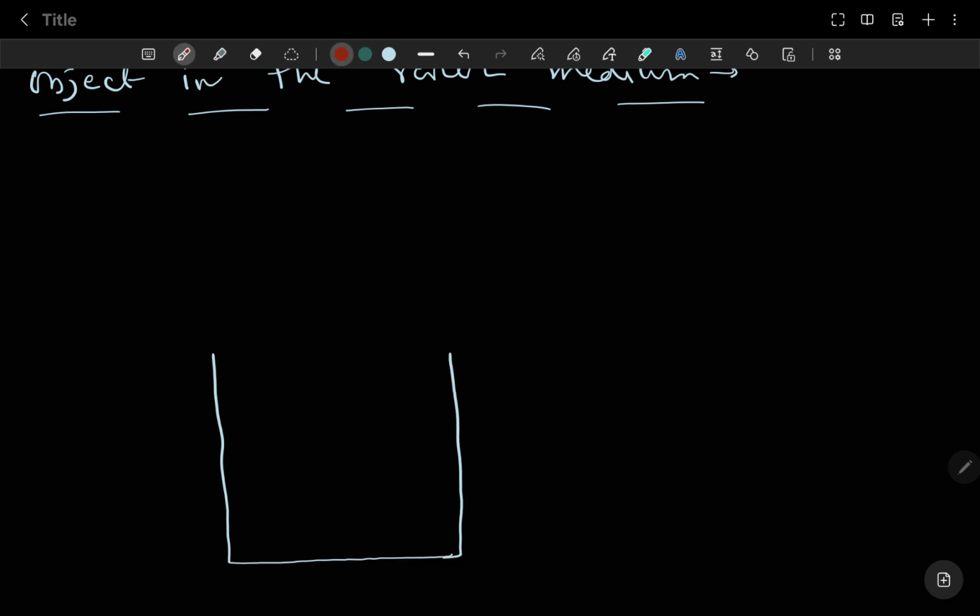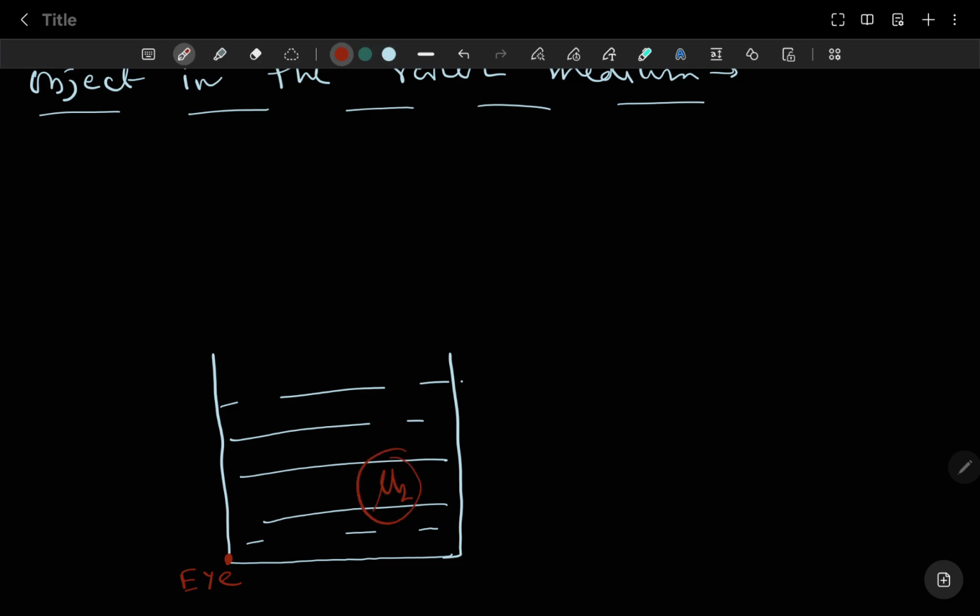Suppose here is the eye, this is E, the eye here, this is the denser medium, mu 2, the refractive index, and say here is the object.